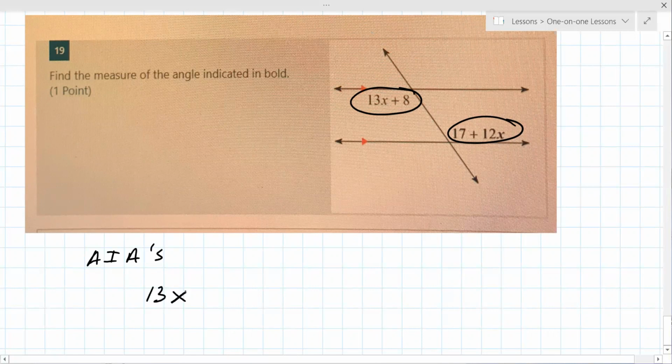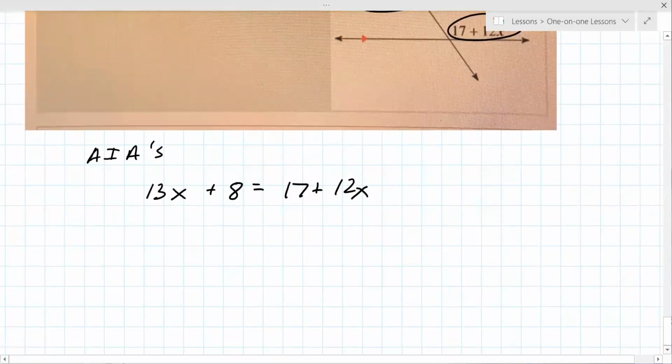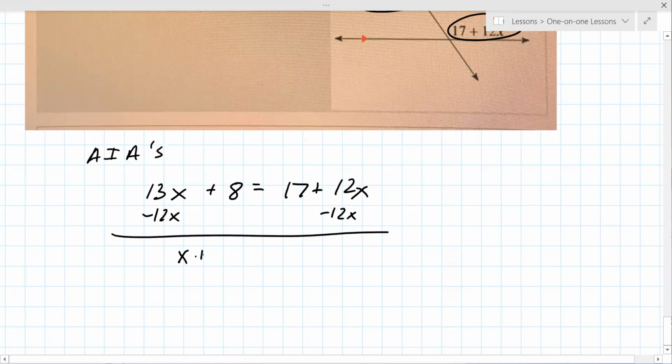So 13x plus 8 equals 17 plus 12x. All right, so we're going to solve this. I'm going to subtract 12x from both sides. That gives you just x plus 8 on the left equals 17.